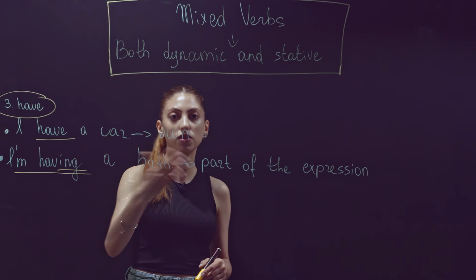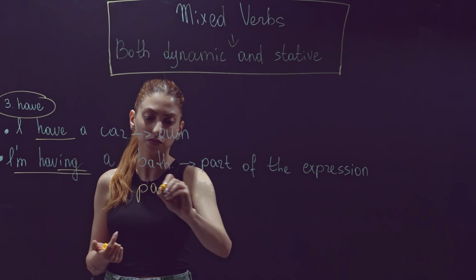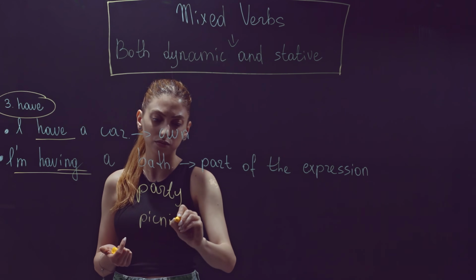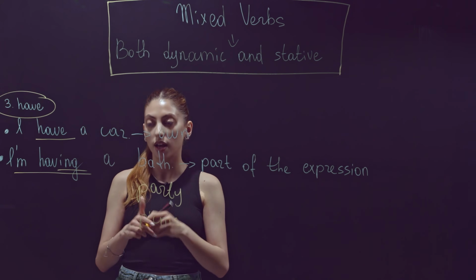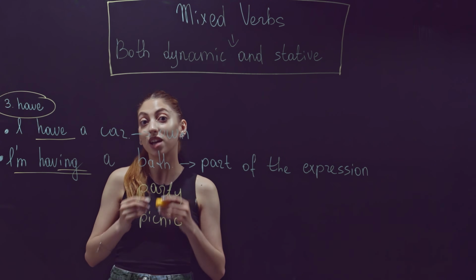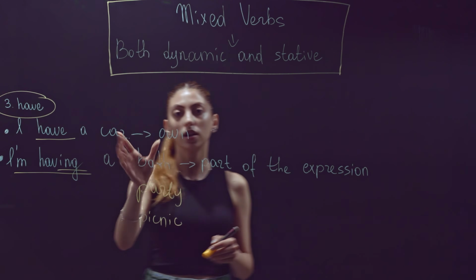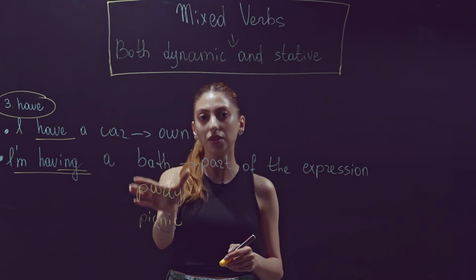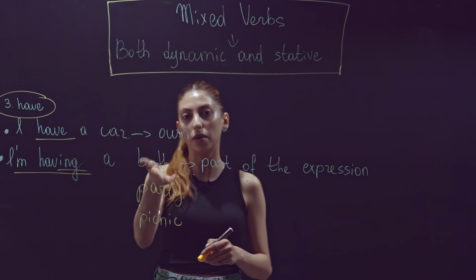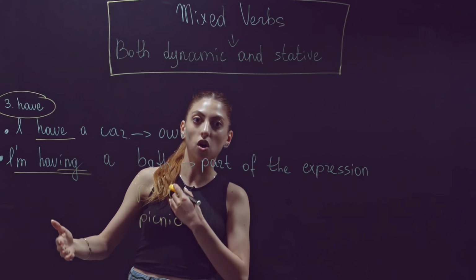Instead of bath, I can say, for example, party, or some picnic, and anything which can work with have, because we can say I'm having a bath if it is part of the expression. Okay, I'm having a bath, I'm having a party, I'm having a picnic, I'm having a heart attack.